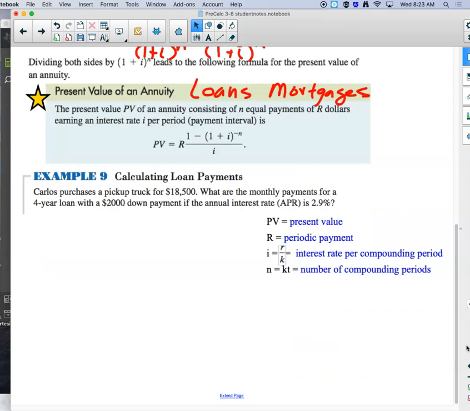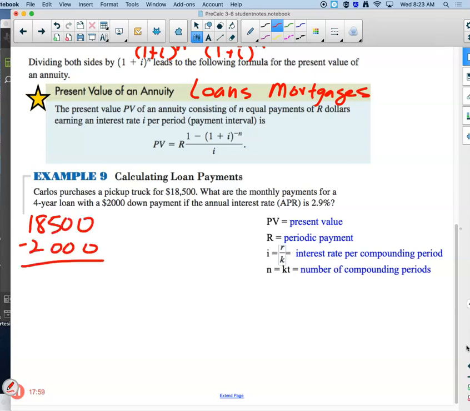So we have Carlos. Carlos purchases a pickup truck for $18,500. What are the monthly payments for a 4-year loan with a $2,000 down payment if the annual interest rate, the APR, is 2.9%? The first thing I do is see Carlos is not going to finance $18,500.